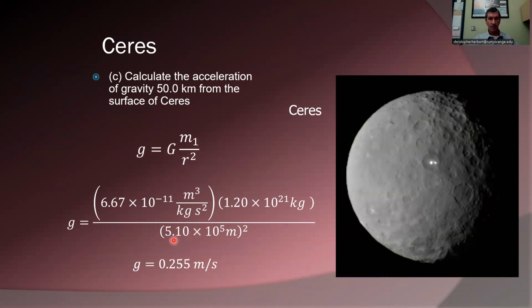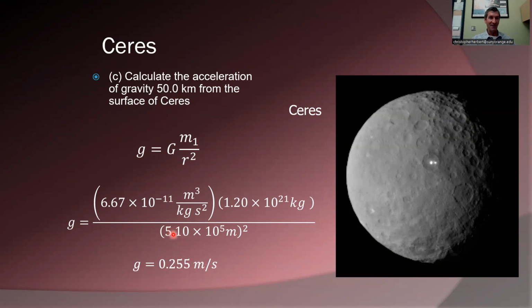We would get an acceleration. I did actually make a little error here. I didn't put the full distance, but again, we get an acceleration of 0.255 meters per second squared.